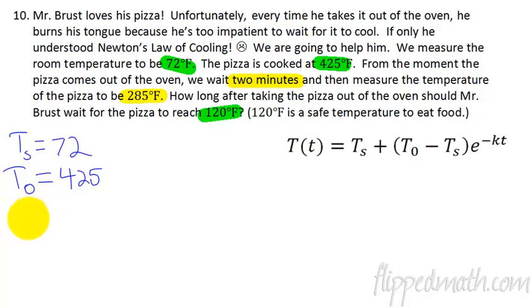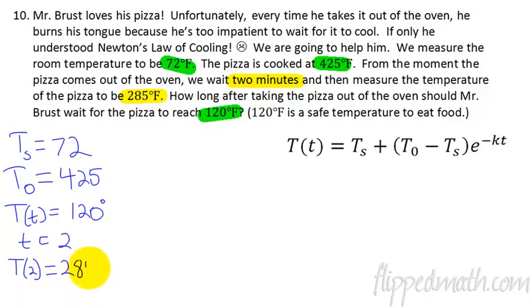So let's say this: we're going to say that T of little t, we're trying to get it to equal 120 degrees eventually. What else do we have? We wait 2 minutes. So we're going to say that little t is going to be 2 minutes. And that happens if our temperature is going to be 285 degrees when we have a time of 2.